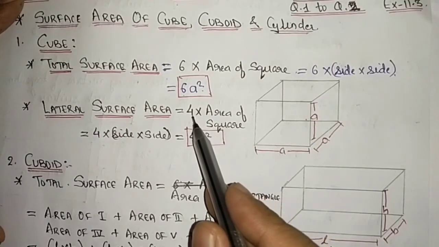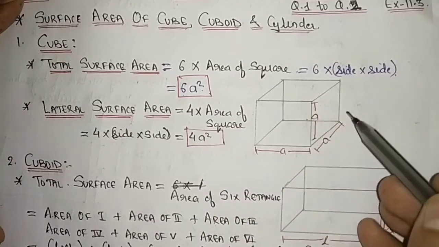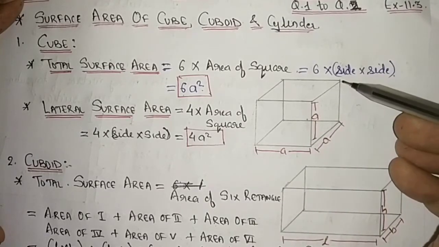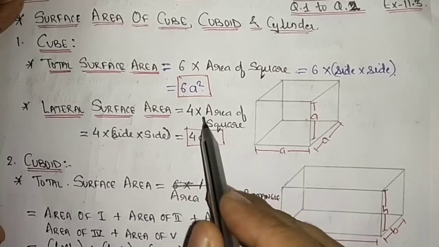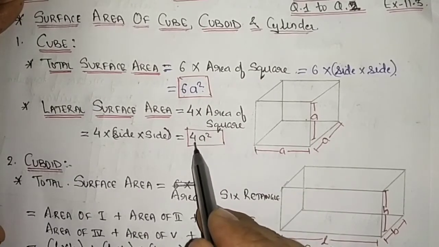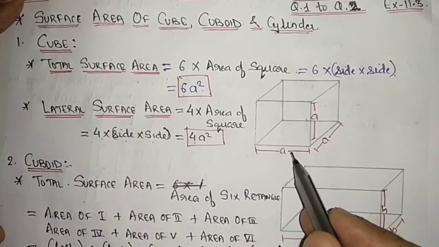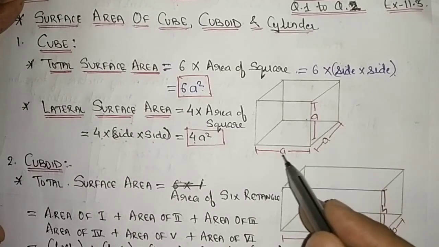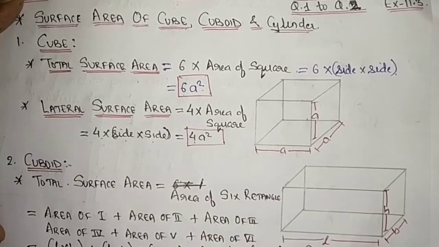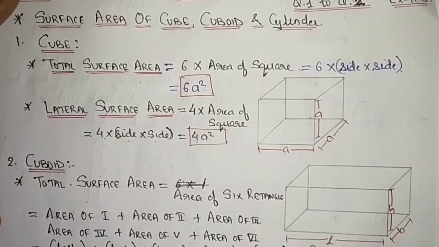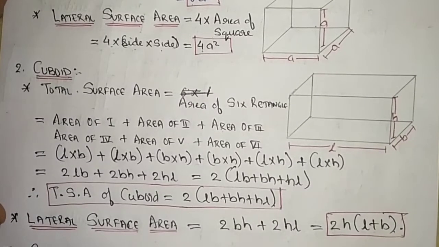So its formula will be 4 into area of square, because all the 4 walls are squares. Since the sides are the same, that is a, its formula will become 4 into a square. Hope you have understood.